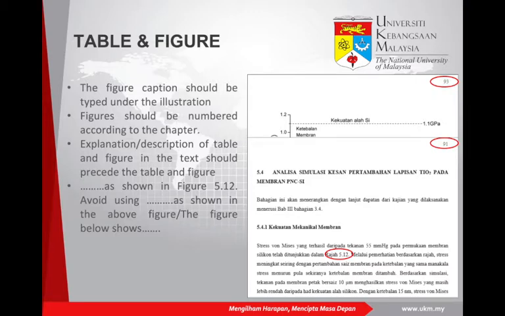It is also advisable for you to write down your description as "as shown in figure 5.12" and avoid using sentences such as "as shown in the above figure" or "the figure below shows".